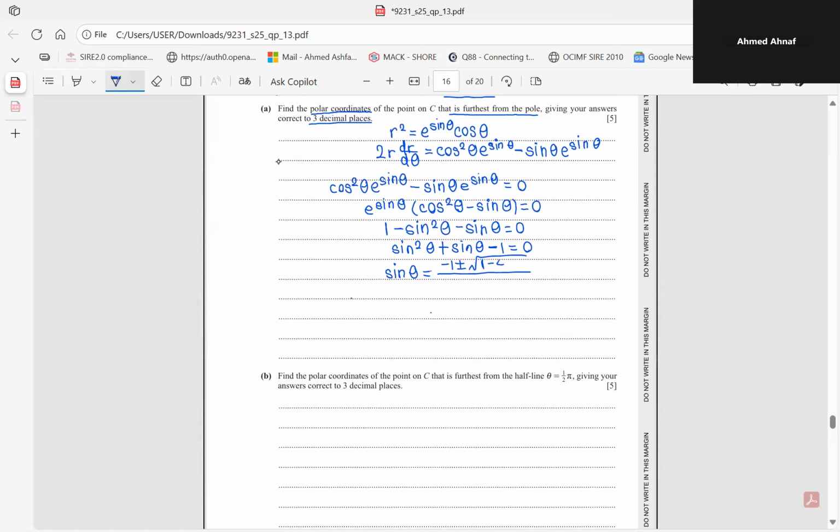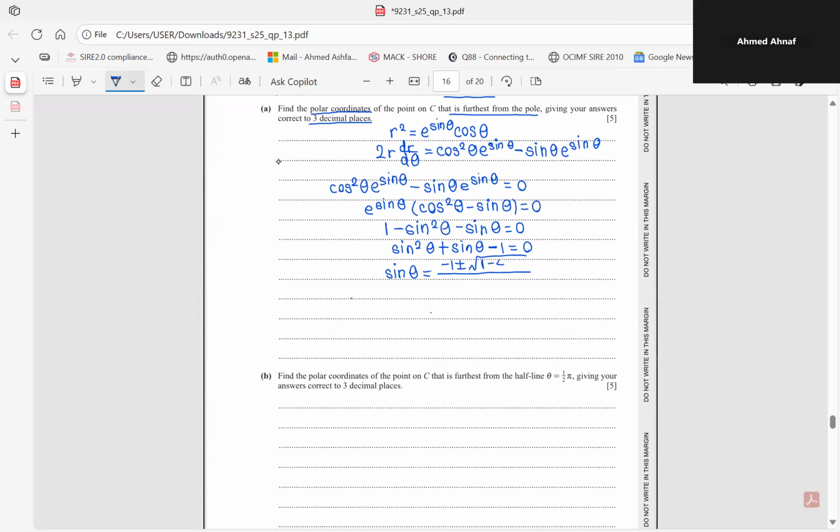So this would give you sine theta equals square root 5 minus 1 over 2, and sine theta would also be equal to minus square root 5 minus 1 over 2. This value is positive, and this value is negative, so we're going to reject this.